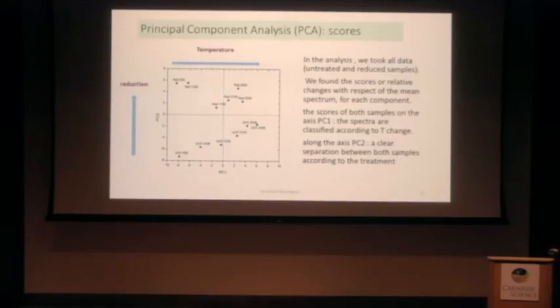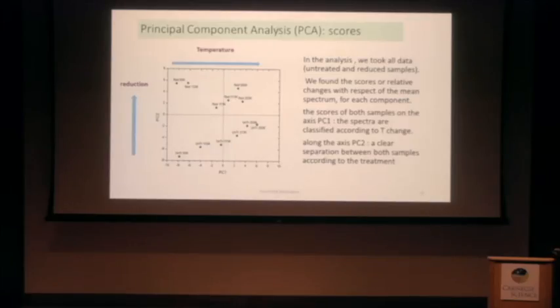Here, on the upper part, you have the spectra or the data corresponding to the reduced sample, and in the lower part, all data corresponding to the untreated sample. So you have a clear separation between both series of data.